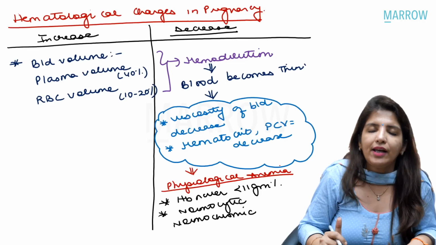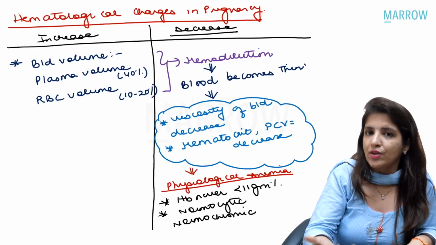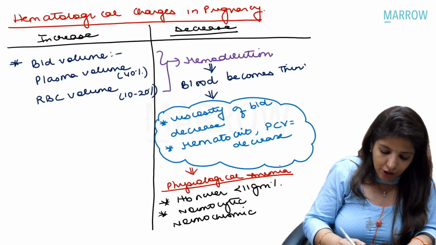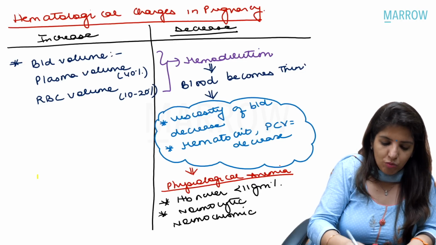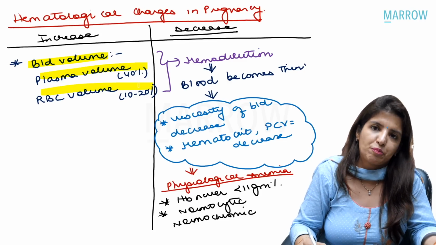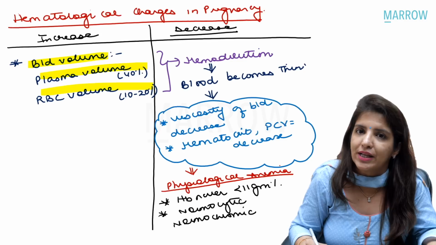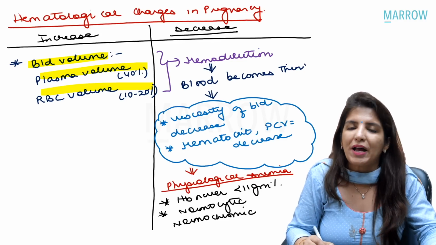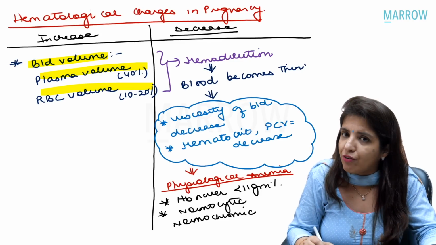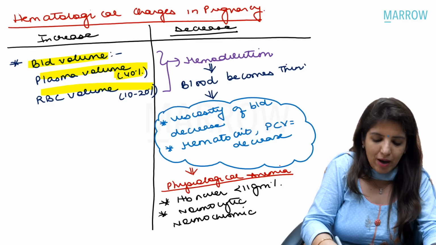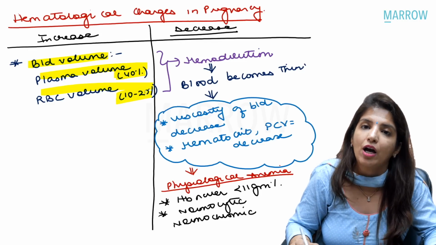Now, in hematological changes, there are certain things which are going to increase and certain things which decrease during pregnancy. During pregnancy, the blood volume increases, and blood, as you know, is made up of a liquid component, that is plasma, and the cellular component, that is RBC. Although plasma volume and red blood cell volume both increase, the increase in plasma volume is much more than the increase in RBC volume.